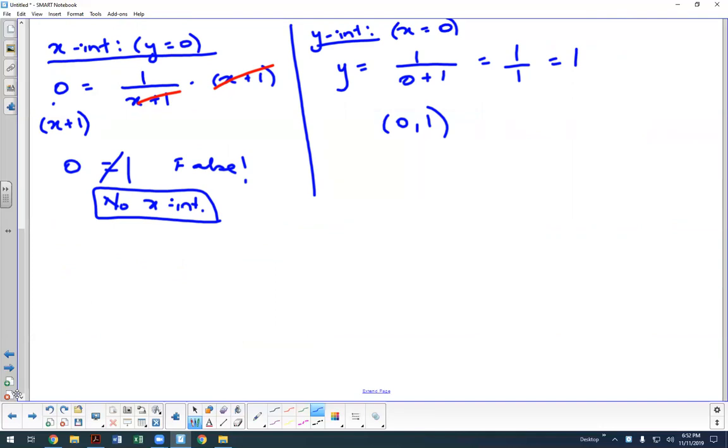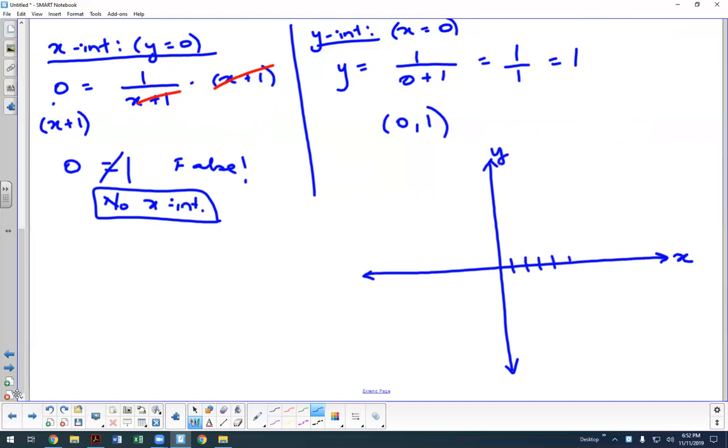Okay, so let's see. What information do we have here? Okay, so our vertical asymptote was at -1.